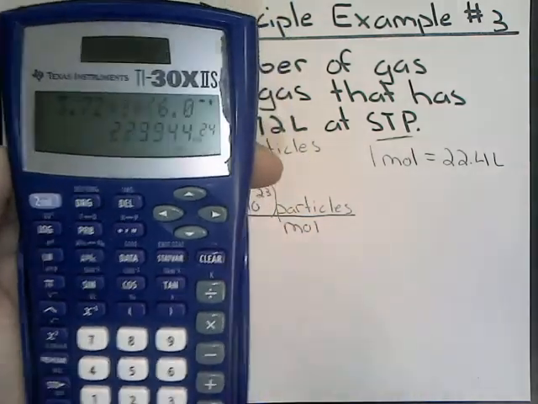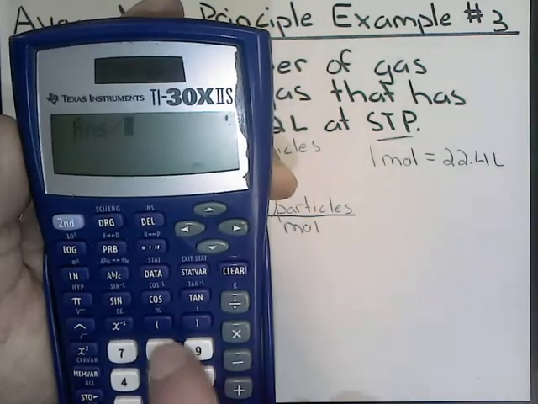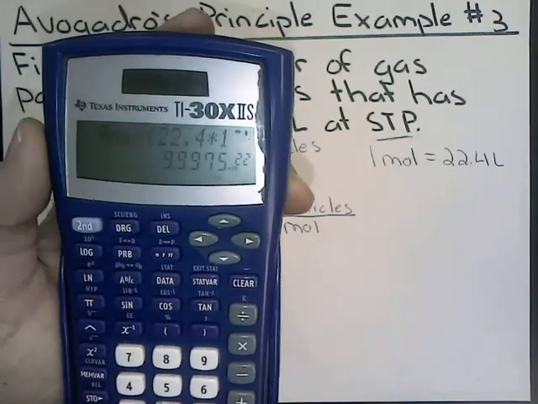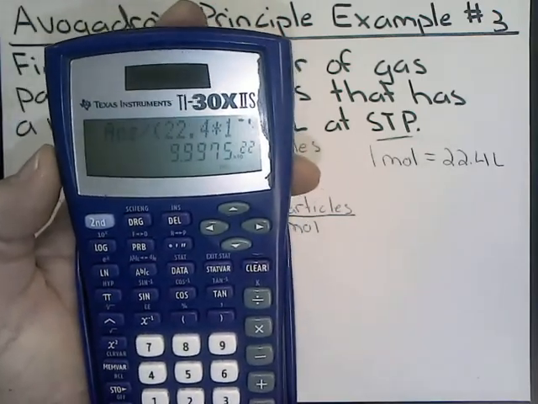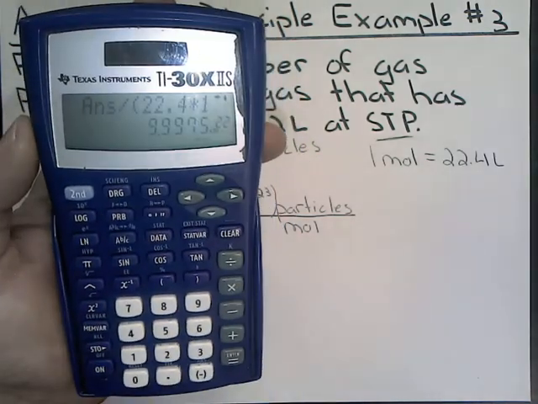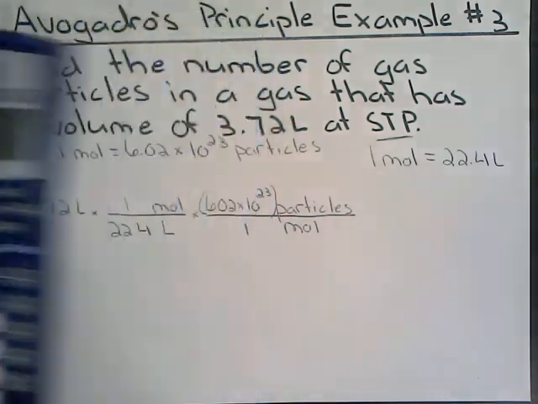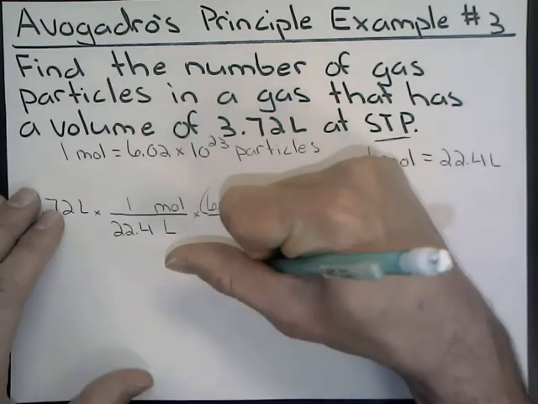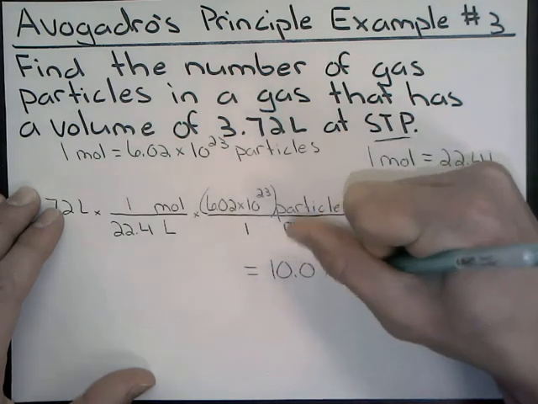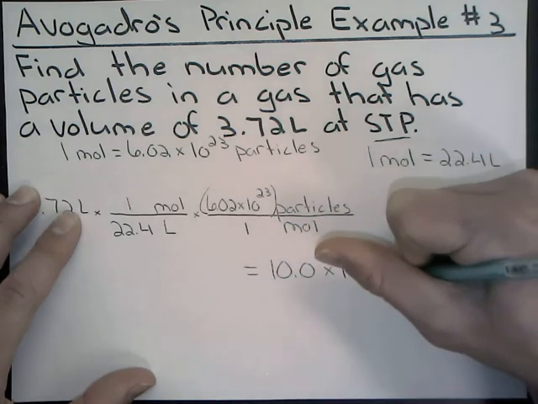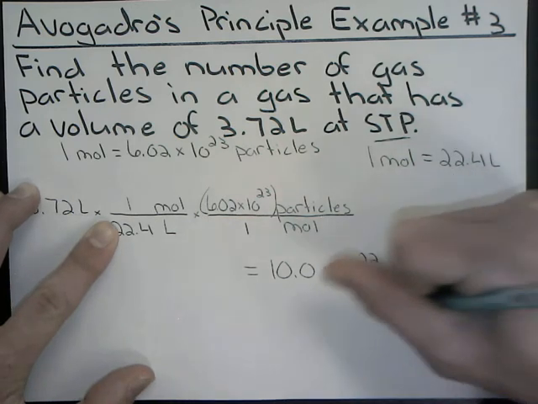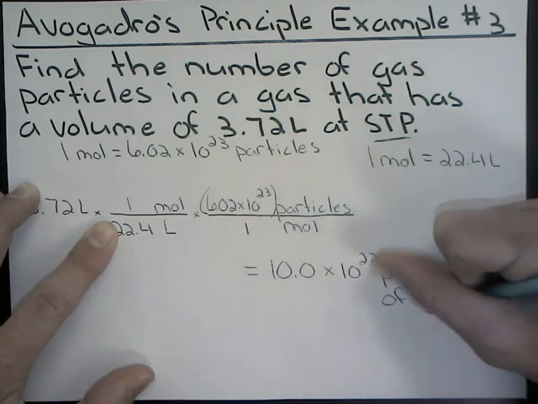We press enter and we divide it by 22.4 times 1, and we press enter. So rounding this actually rounds up to 10.0 times 10 to the 22nd particles. And that would be particles of gas.